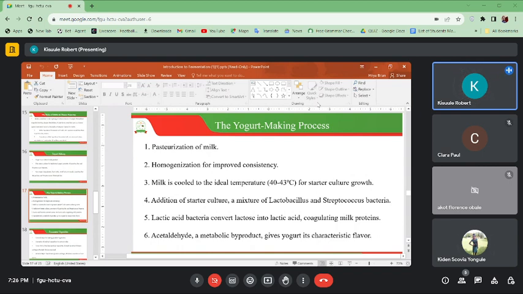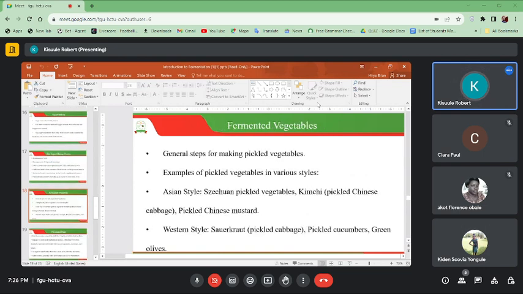Finally, we have looked at acetaldehyde, the metabolic byproduct which gives yogurt its flavor, and also issues to do with the color and the aroma, etc.